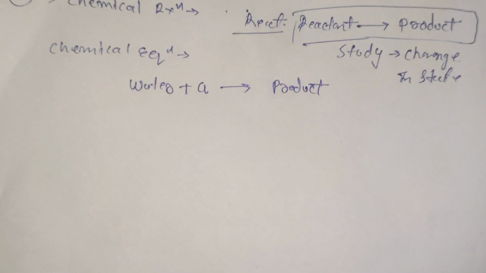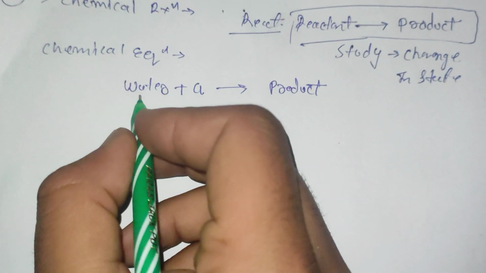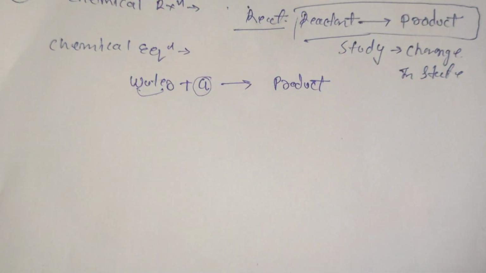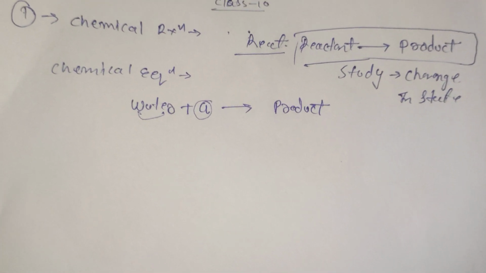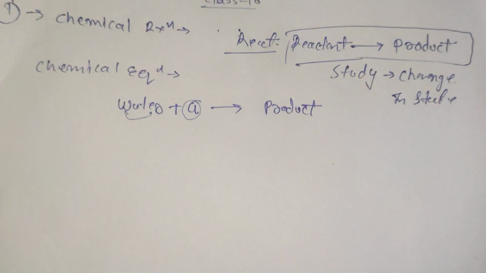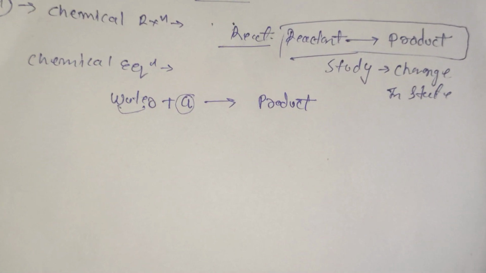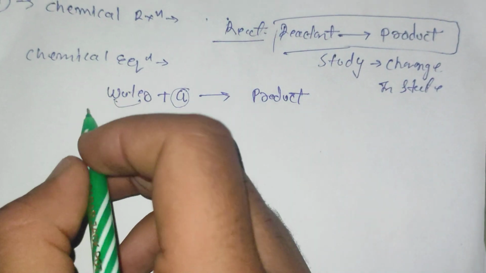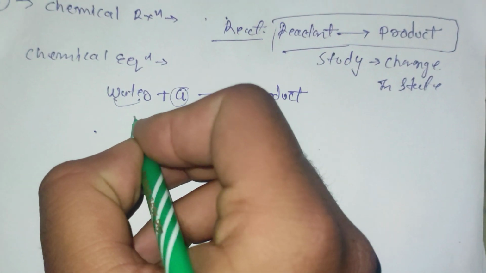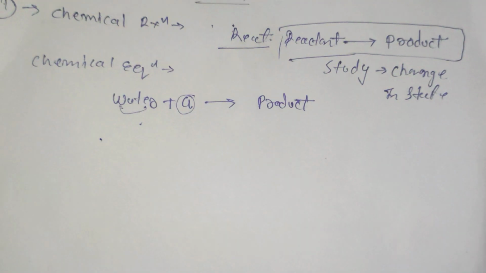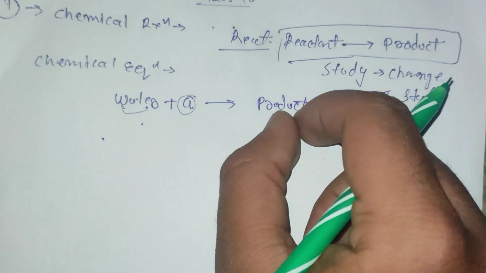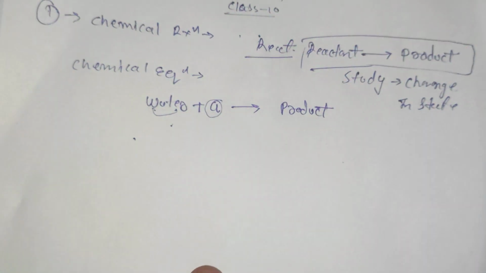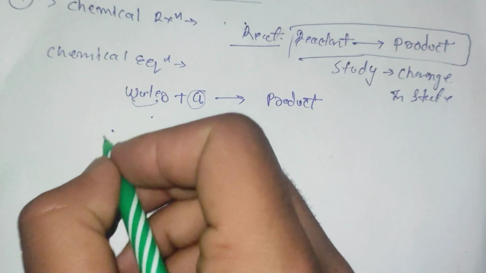It is a messy way of writing, and A may have a different type of element. So we write that water reacts with the element, and after some temperature we get the product. It is so messy that we use symbols instead.